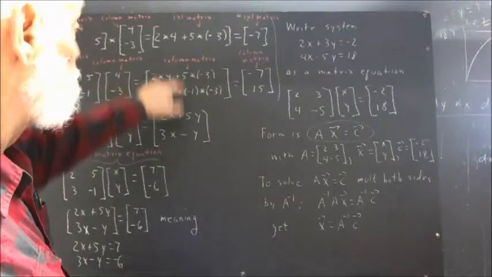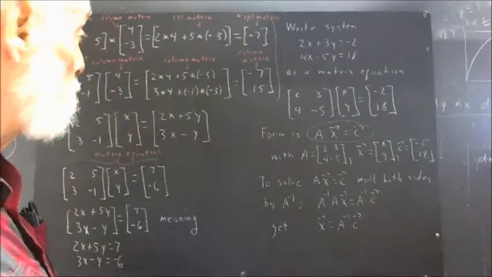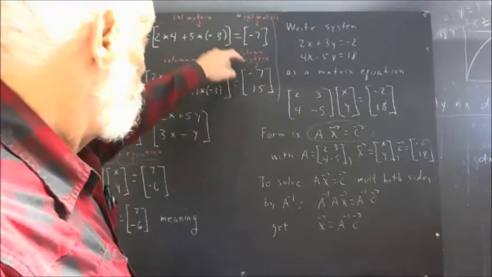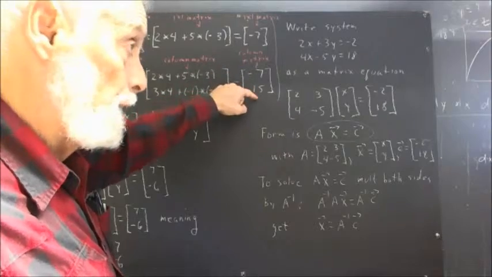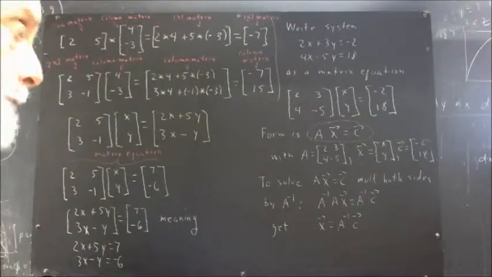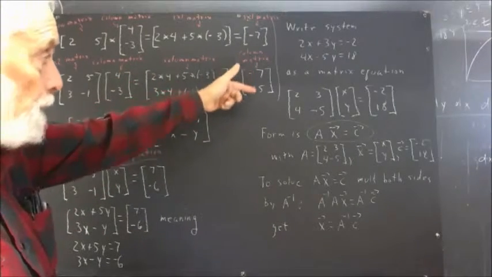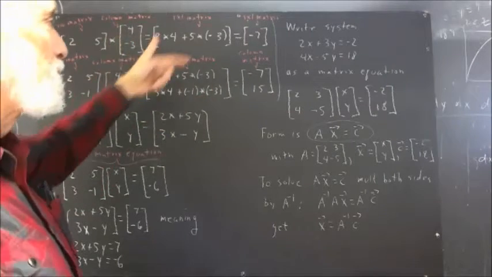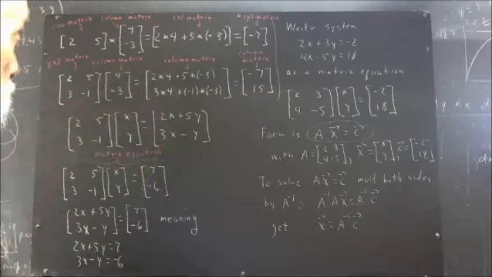So what we have here is a column matrix, because each of these calculations just comes down to a single number, giving us -7, 15 here. This is kind of spread out and doesn't look exactly like a column matrix, but since each of these calculations represents a single number, we call this a column matrix.